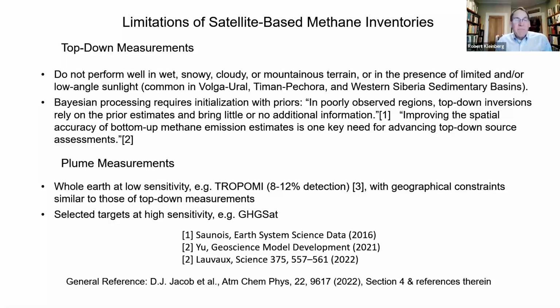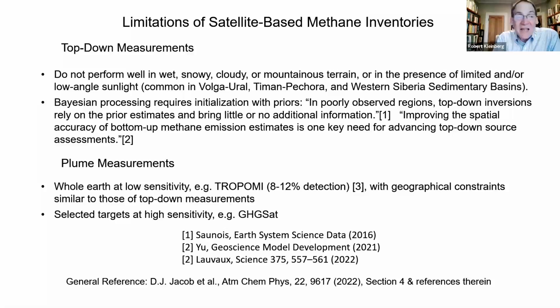So the top-down measurement, basically what the satellite measures is the line integral of methane concentration from a pixel on the Earth up to the detector in orbit, typically 500 kilometers, which is great, except that these measurements really are not accessible where you have wet, snowy, cloudy, or mountainous terrain, or in the presence of limited or low angle sunlight.